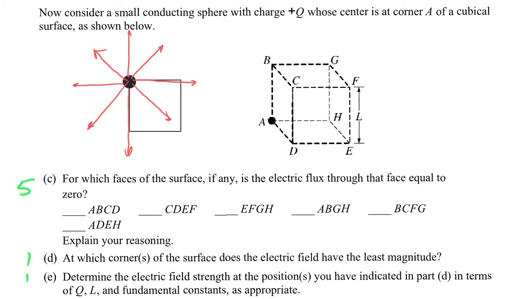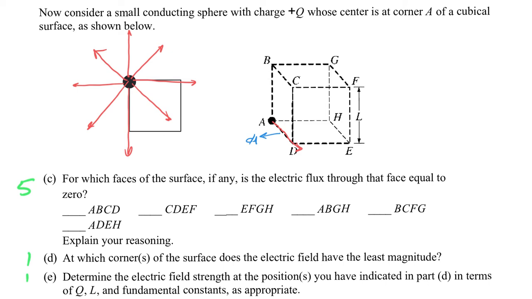Because I'm thinking this surface has no flux because the electric field passes along it. The direction of the electric field is perpendicular to the direction of the area, right? The electric field would travel this way, and the area is that way. That's dA for that surface.